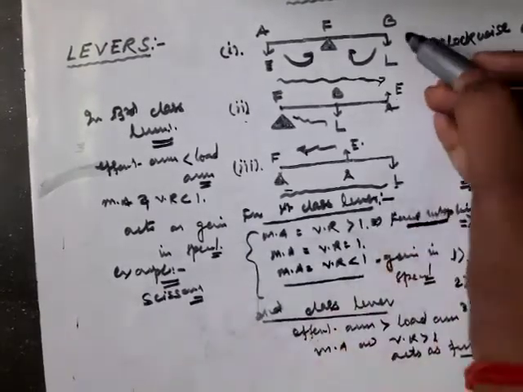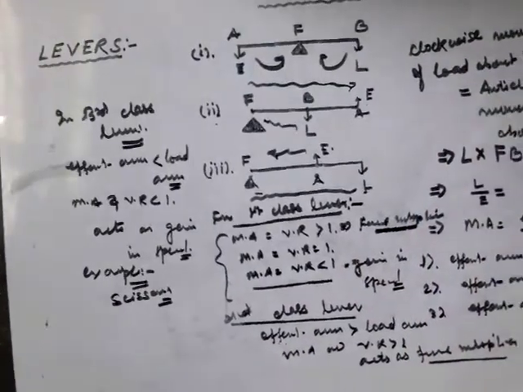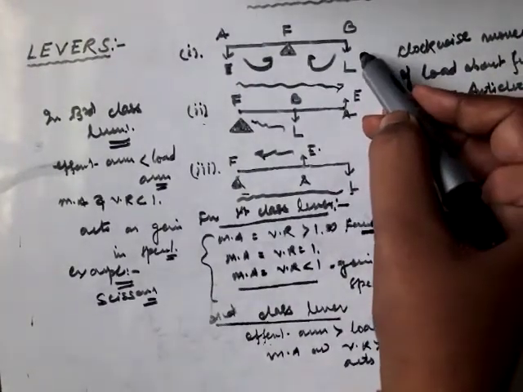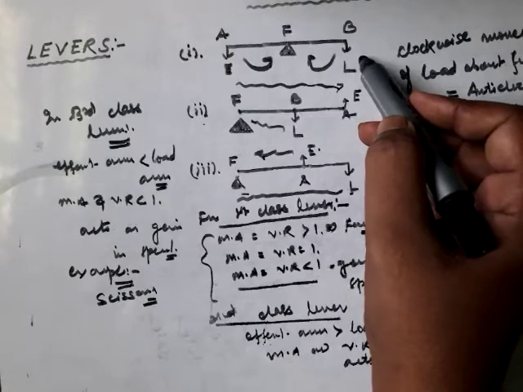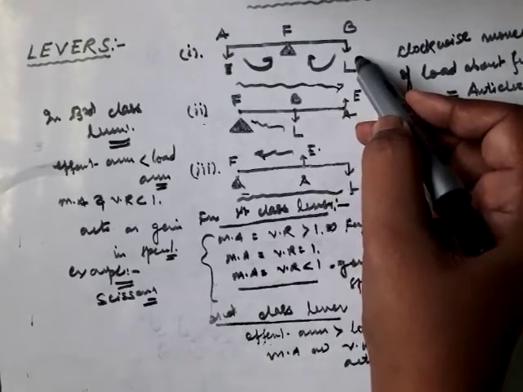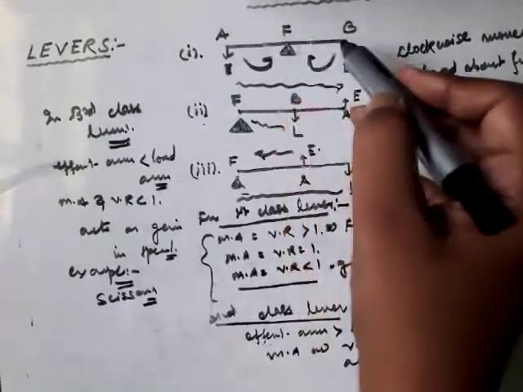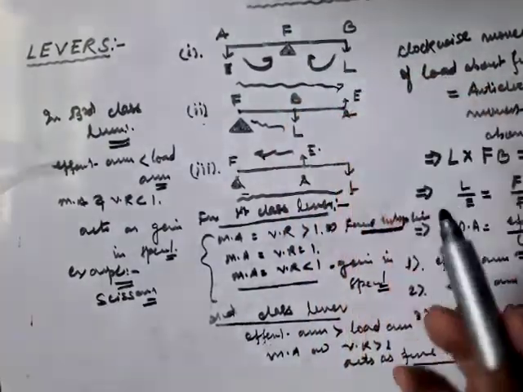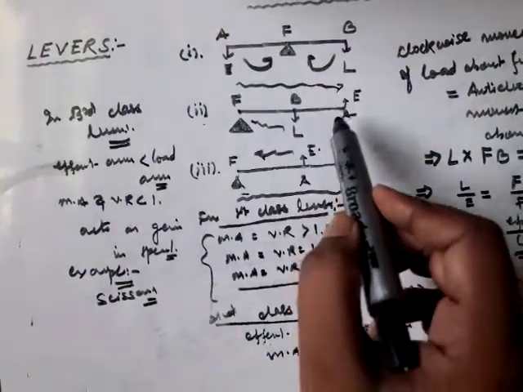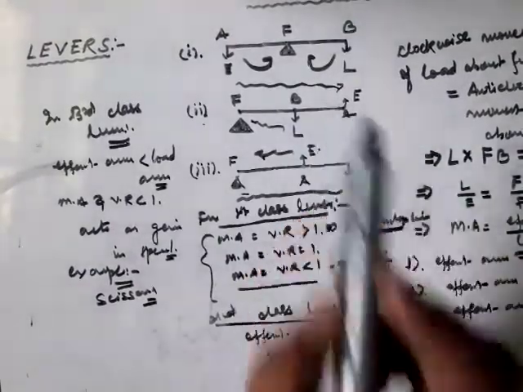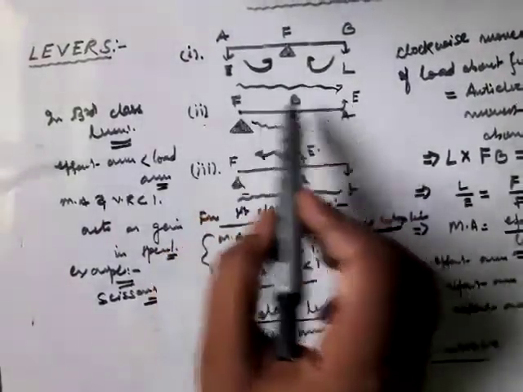If you talk about the first class lever, it can act in all three ways. That is, it acts as a force multiplier, it acts as a gain in speed, or it may be equal. The example I have taken is the physical balance. Second class lever always acts as a force multiplier, because the effort arm is greater than the load arm.